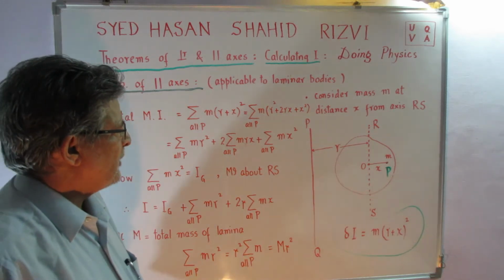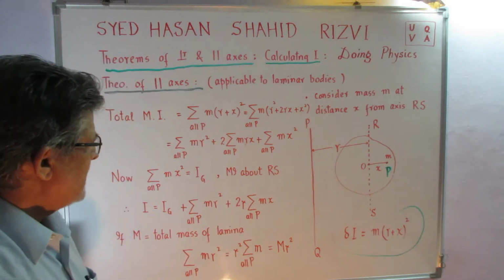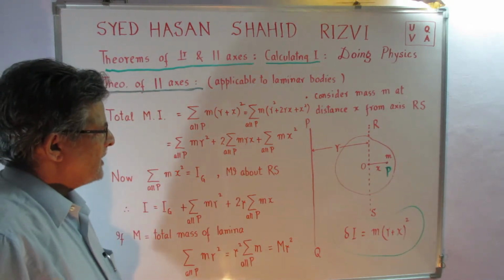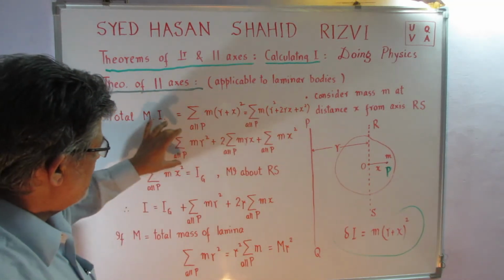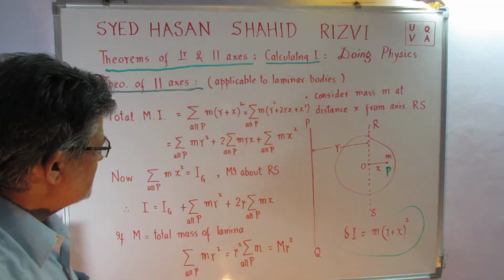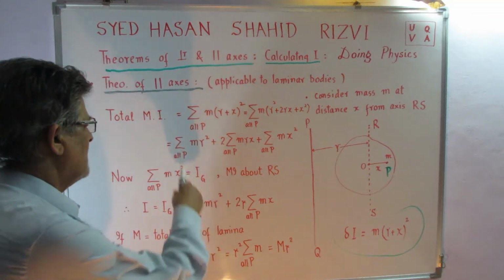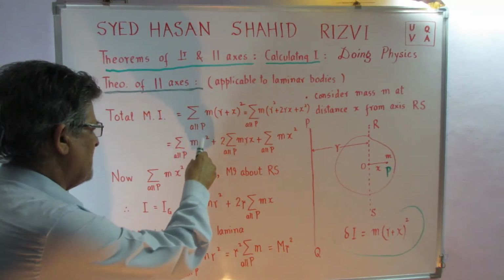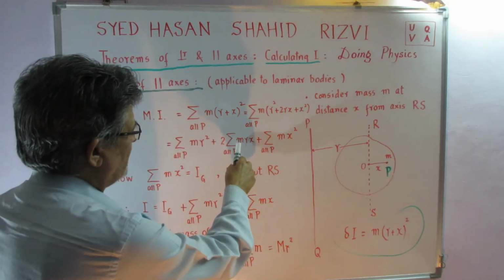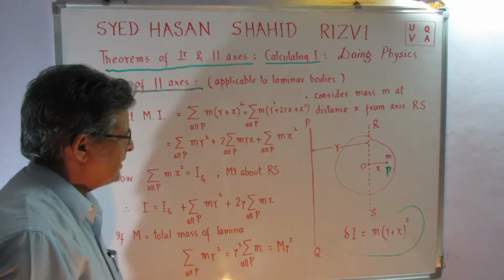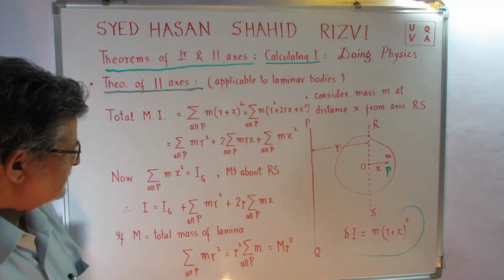R plus x whole square is equal to r square plus 2rx plus x square. Multiplying with m and taking the summation for all points, I can break it into three parts: sigma of mr square for all points, plus 2 times sigma of mrx, plus sigma of mx square.